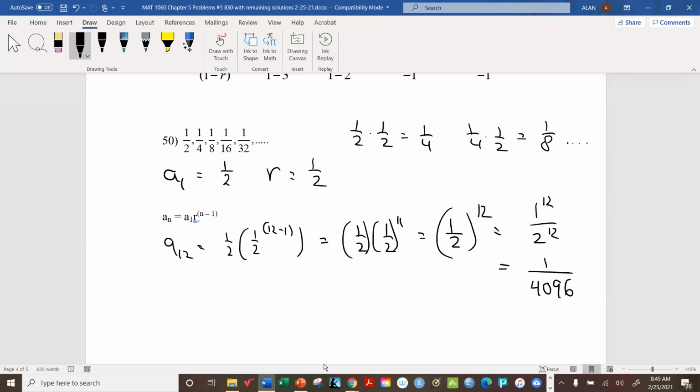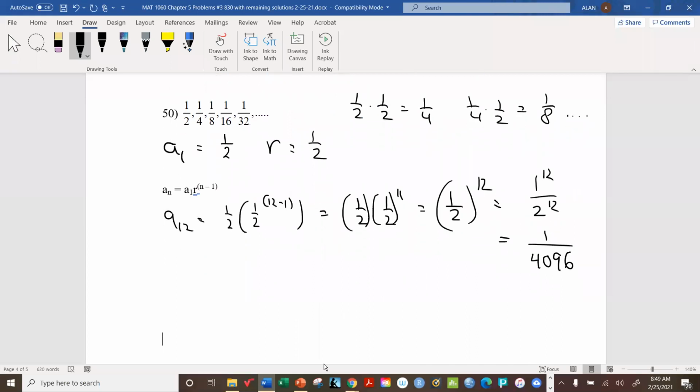And then for the sum, because these are progressively smaller numbers, the sum could be a surprisingly small number. All right, so let's find out.